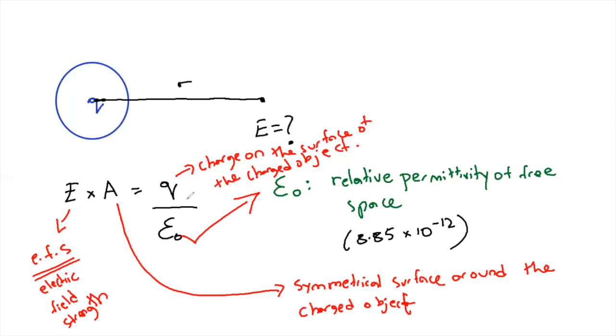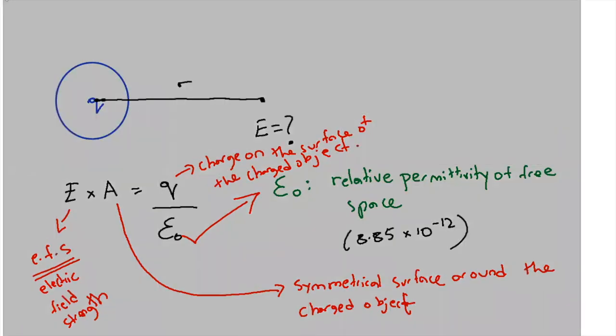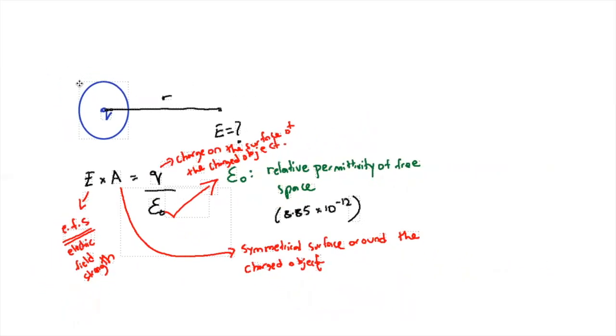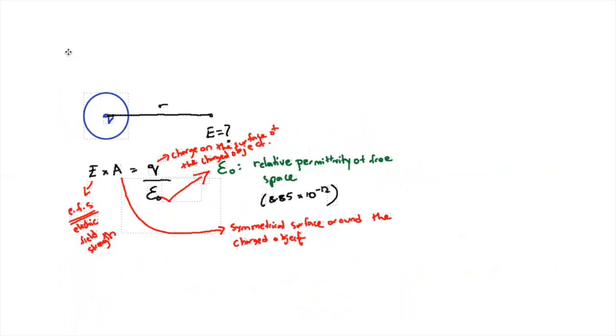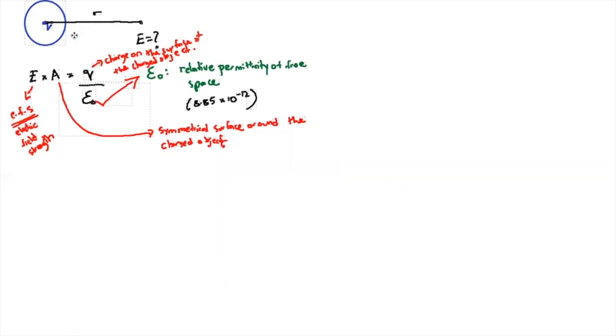This Q is the charge on the surface of the charged object. I hope this makes sense now. If you're doing this for the first time, you're going to have to remember this formula. Now let's minimize this and let me explain what I mean by relative permittivity of free space.